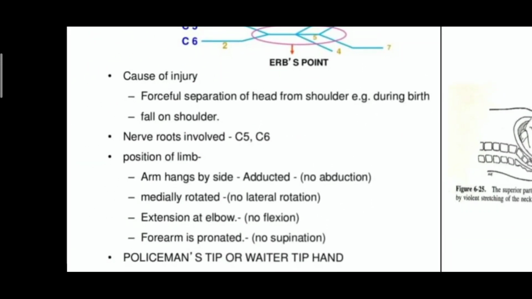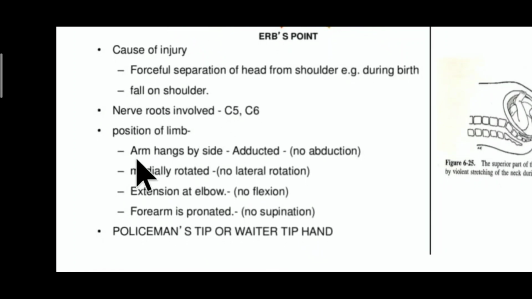So what are the deformities of Erb's palsy? Here the arm hangs by the side, which is adducted, and it is medially rotated. Whereas the elbow is extended and pronated.